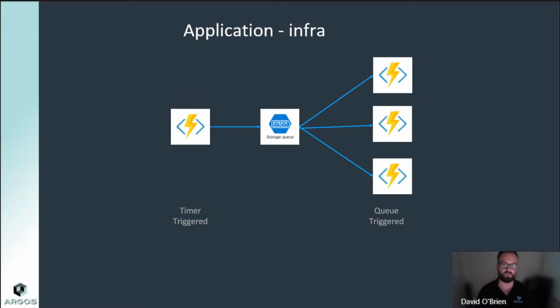Every time a message goes onto the storage queue, a function executes. The really nice thing is these queue-triggered functions scale based on the messages that end up on that storage queue, and we only pay for the execution time, which is usually somewhere around 1 to 2 seconds.